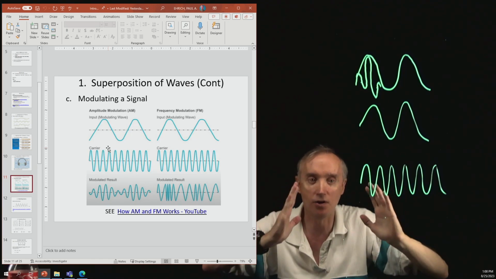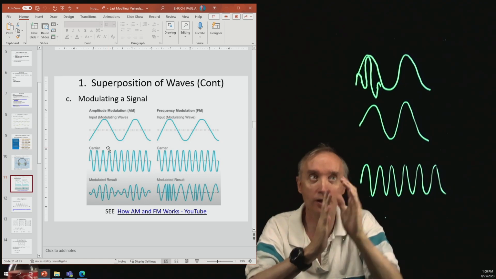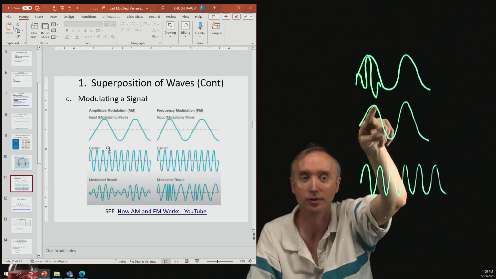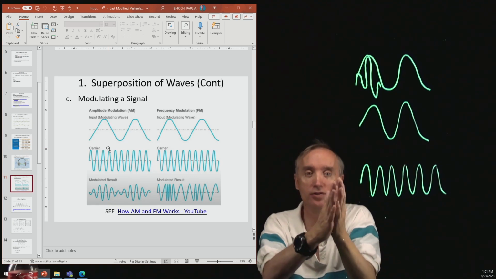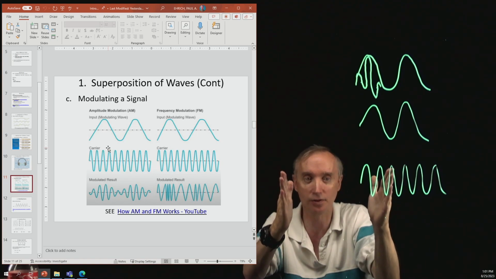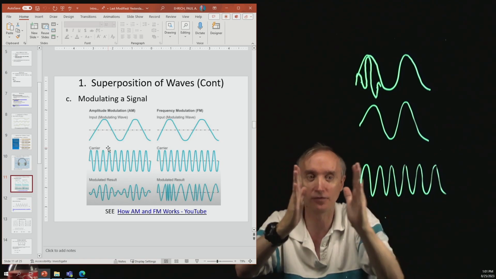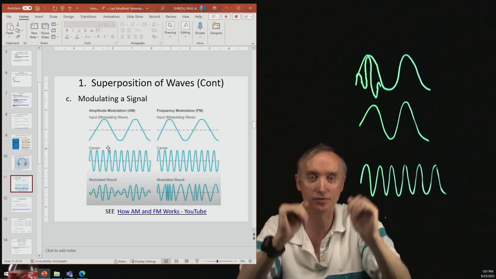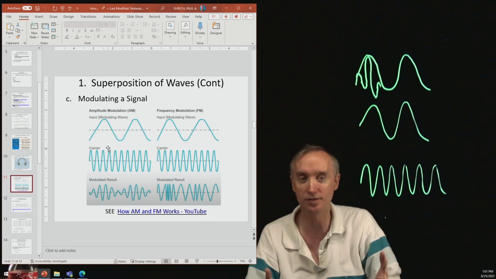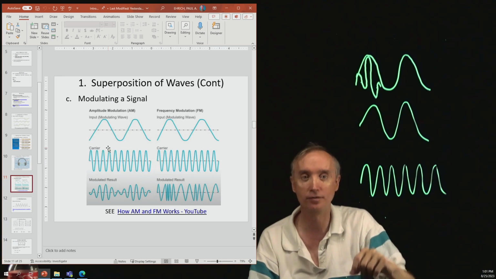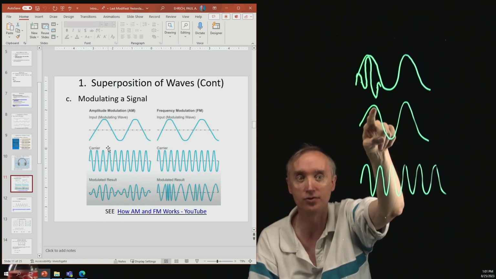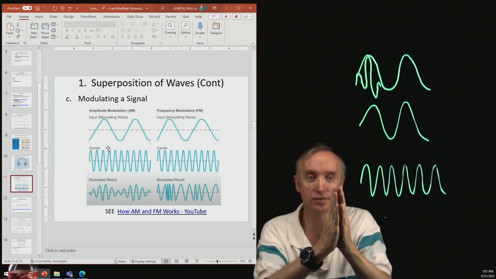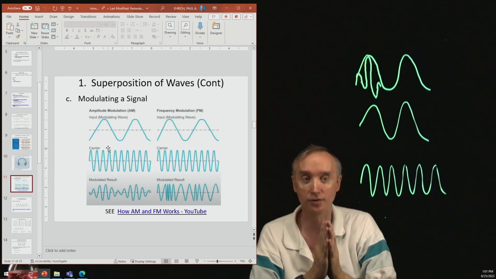The frequency gets all compressed whenever this one is at its maximum, and then look at what's happening whenever it's at its minimum. When this one is at its minimum, do you notice that the distance between the waves gets larger? So it's the frequency that is changing this time, which is why it's called frequency modulated. So whenever the signal that's trying to be transmitted is large, then the frequency is compressed for that portion of the transmitted signal.